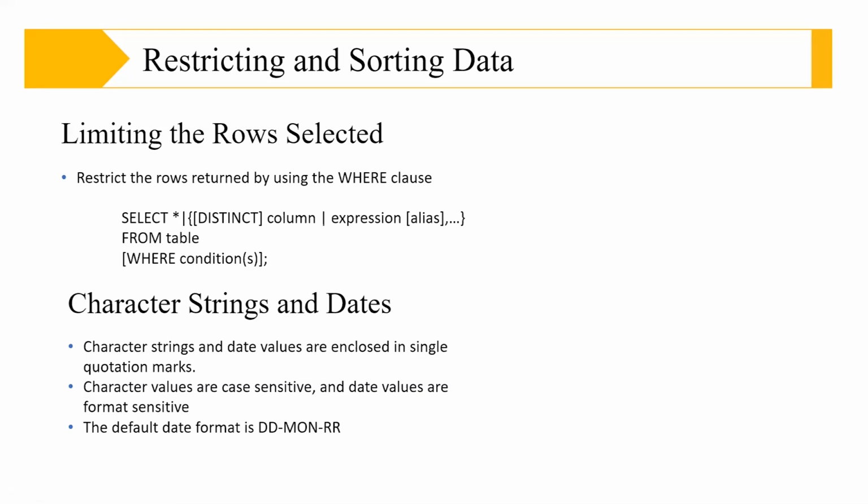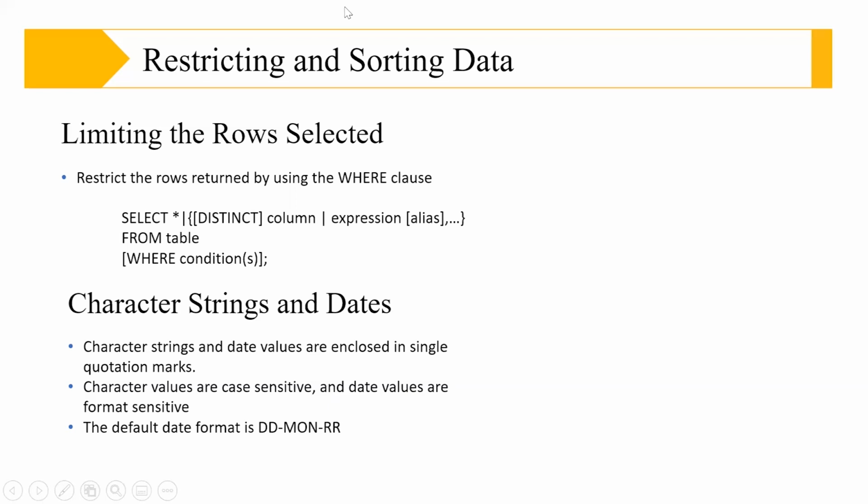For example, March is MAR, May is three letters so it is MAY, June is JUN. This is how your date is written, and RR is the year, like 05 which is 2005, or 2023 which is written as 23.